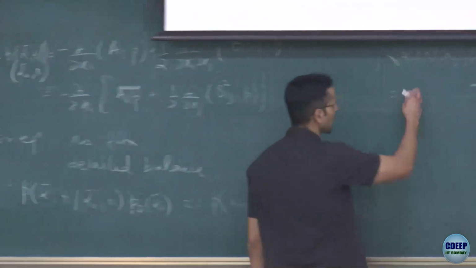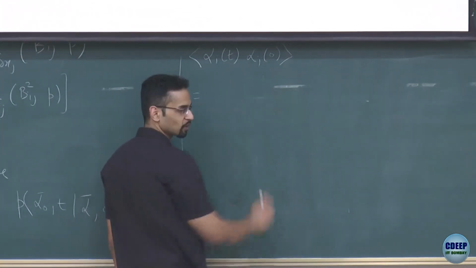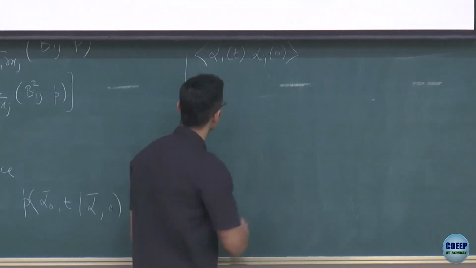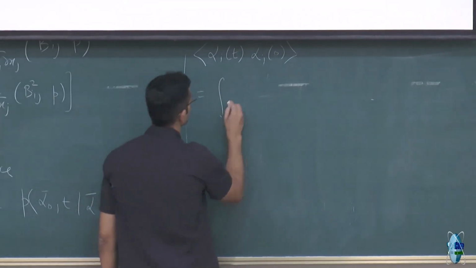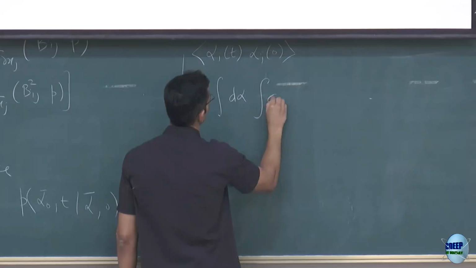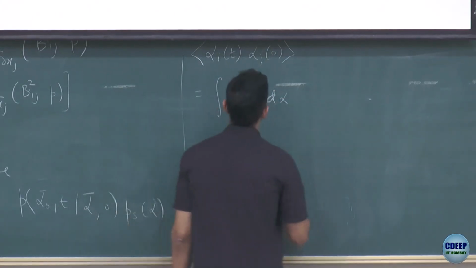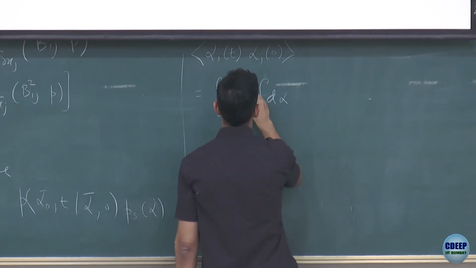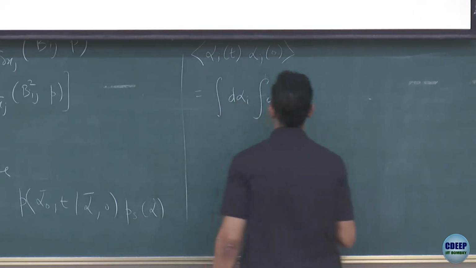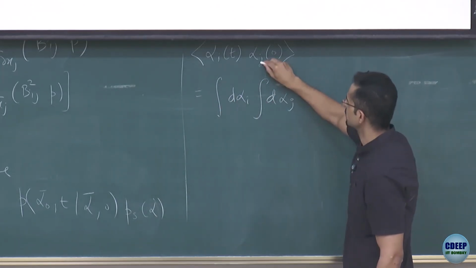But I'm starting from reverse. I'm starting from what this autocorrelation is and rewriting it in terms of transition probability. Now I can distinguish the alphas with i and j.